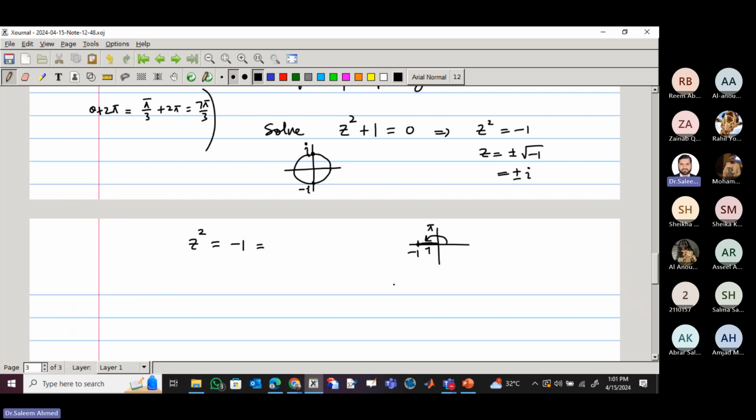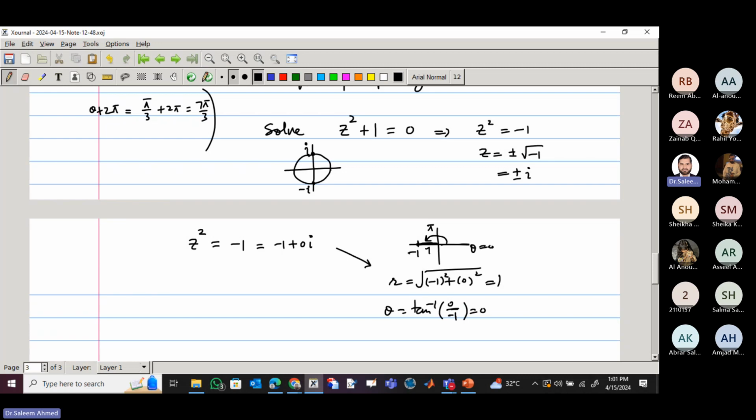Because -1 is -1 plus 0 iota, r will become square root of minus 1 square plus 0 square, so that is plus 1, right? And theta is tangent inverse of 0 over -1. Tangent inverse 0, if you use a calculator, will give you 0.